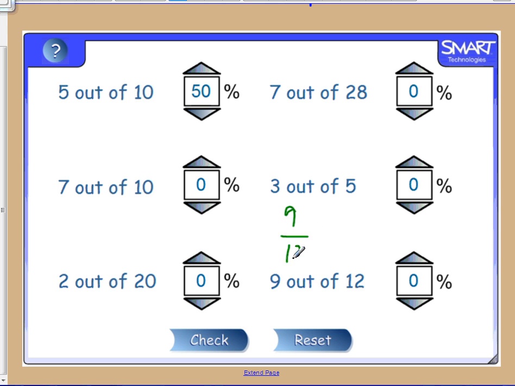12 does not multiply nicely to equal 100. We don't have anything. 12 times nothing equals exactly 100. So I'm going to set up my proportion here. My denominator of 100 and solve for my x. Cross multiply, so then I have 12x equals 9 times 100, which is 900.